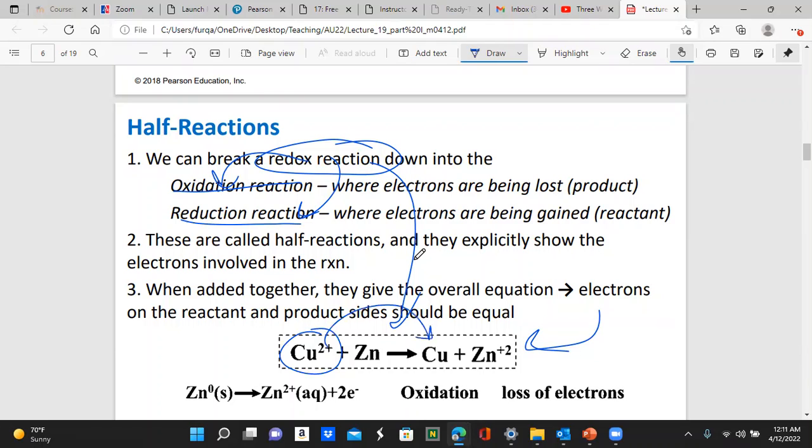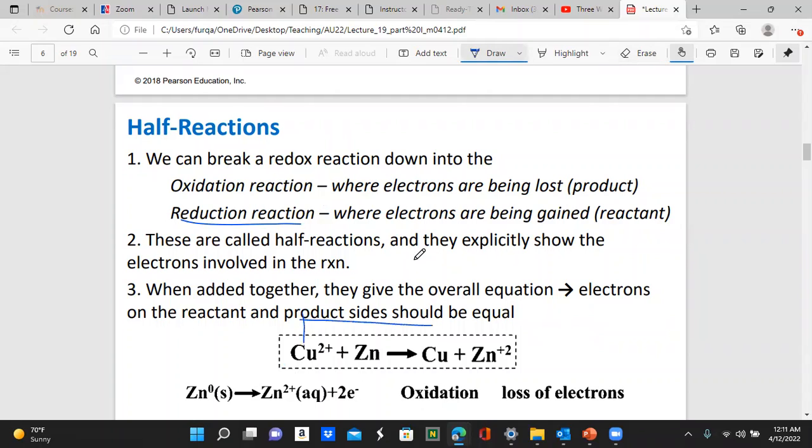From reactant to product side, the copper is going to become an elemental form, solid, copper, neutral form. And here zinc is present on the reactant side as its neutral form, and that's going to go into the ionic form here. So now we have to see where the electrons are being lost and where the electrons are being gained in this chemical reaction.